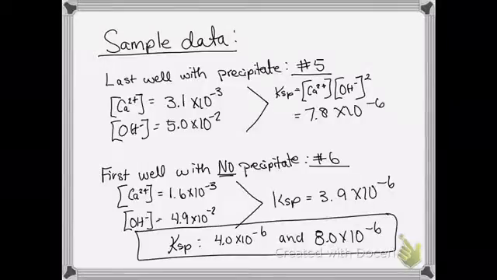Now, in the challenge part, that's part 2 of your guided inquiry lab, what they expect you to do is to zero in on a more precise value. Now, you need to think about what type of procedure you would follow in order to get a better estimate of the value between here.